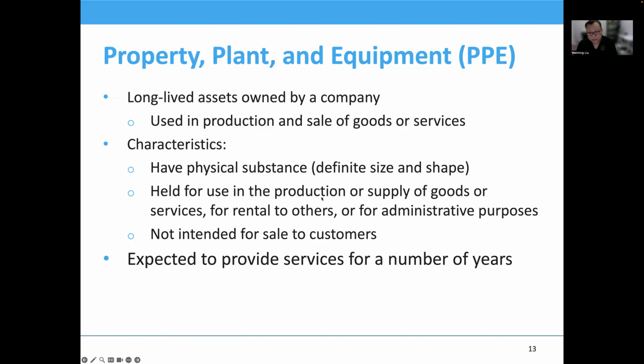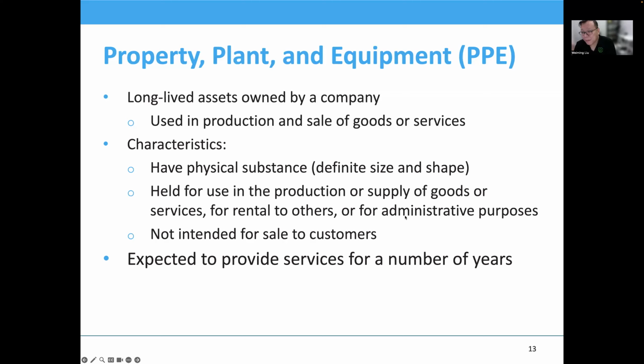For example, you have a building, which is a PPE. You can rent the building out to other people, third parties, so you earn rental income. That's when you use the PPE for rental purposes. It can also be for admin purposes.